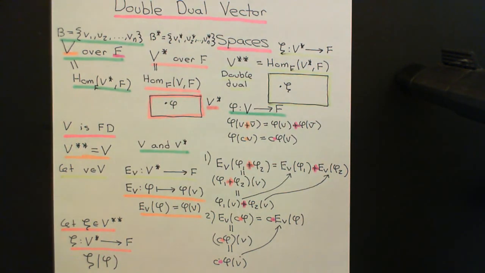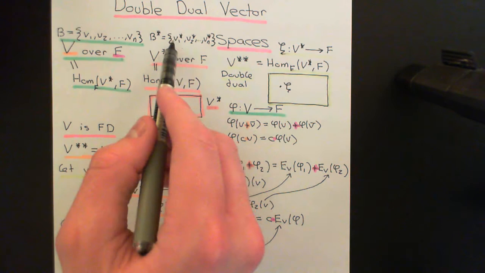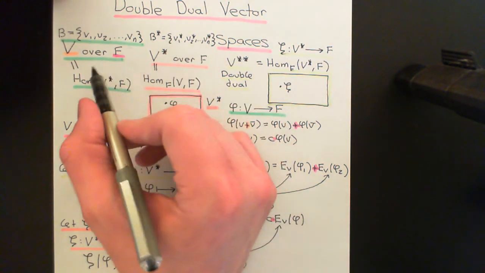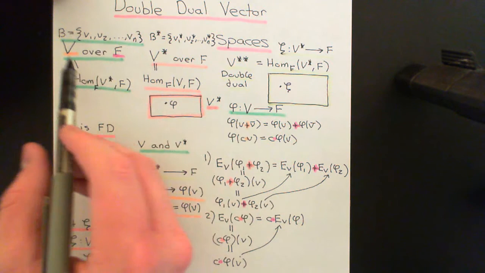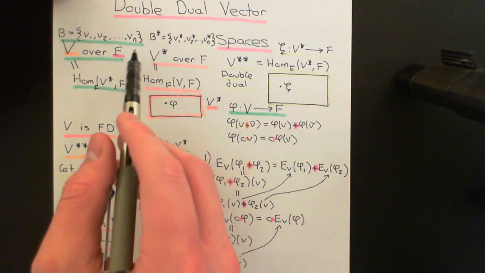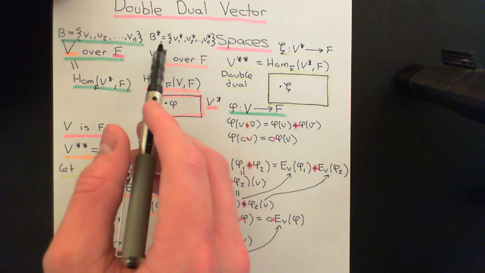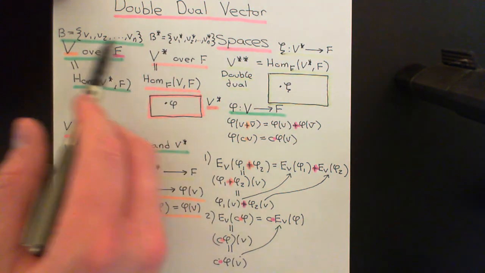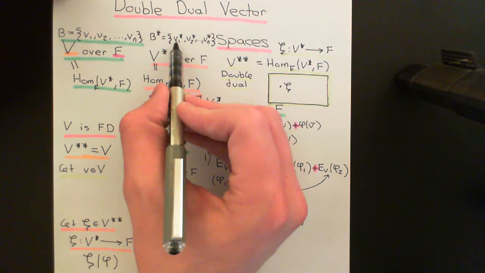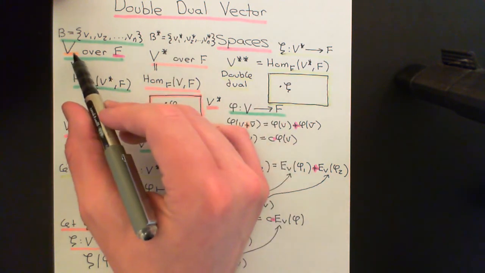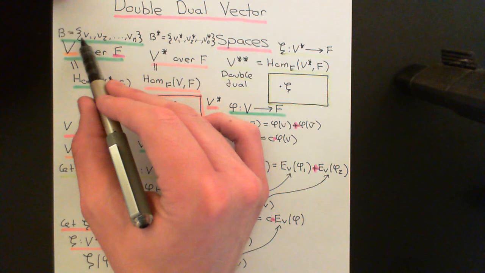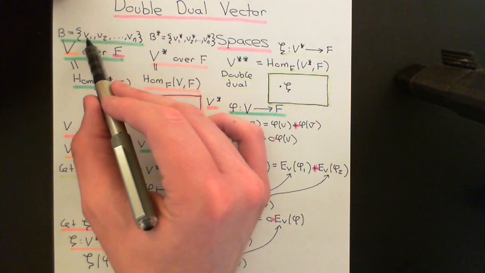Okay, and remember, just to remind you, these dual basis vectors are the linear maps which send all vectors in this original vector space onto their corresponding coordinates with respect to this basis in the field. So for instance, V1 star would send every vector onto its first coordinate, its scalar coefficient in front of the first basis vector V1 here.